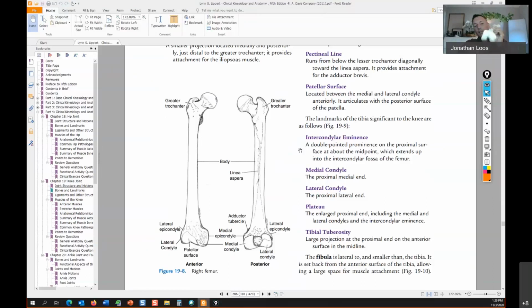So now we're going to look down at the distal end, and you have your two condyles here. You have your medial condyle and your lateral condyle. Your condyles are like these big rocker skis that articulate through the meniscus, and they articulate with the tibial plateau here.